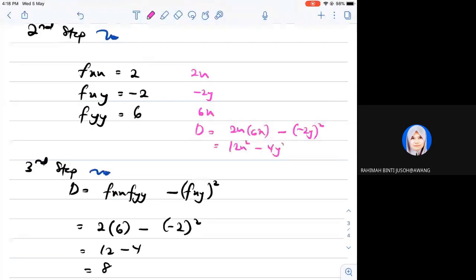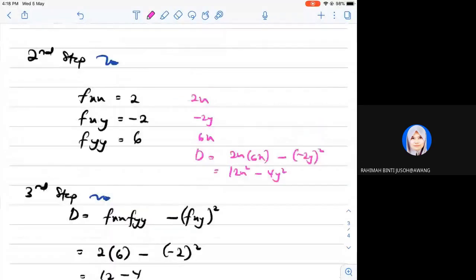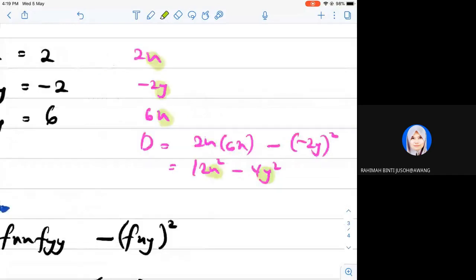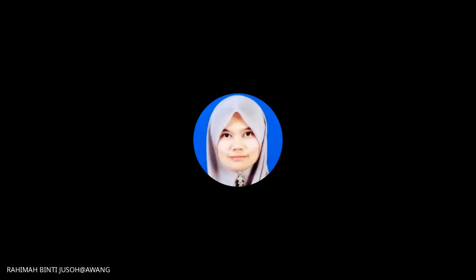Kalau dia ada variable dalam fxx dengan fxy, fyy ni, automatically dalam D pun you kena ada variable lah. So bila ada variable x dengan y, kita kena gantikan critical point dalam x dengan y ni. Faham tak? Critical point kita dapat ni, 6 dengan 2 ni dalam D.